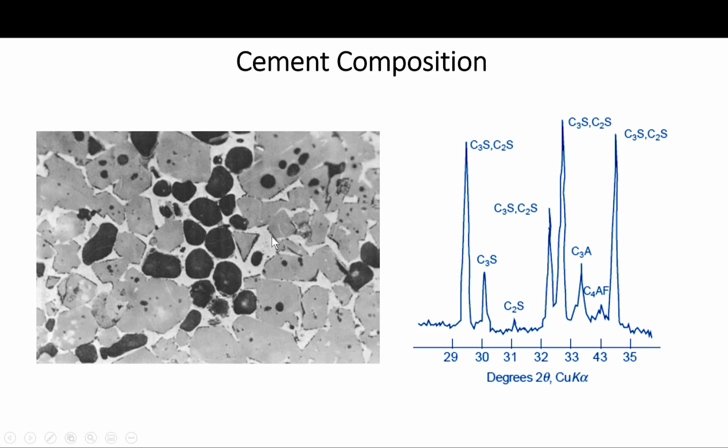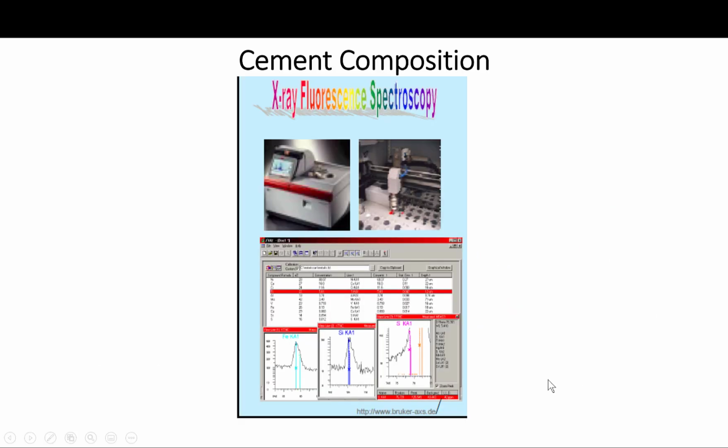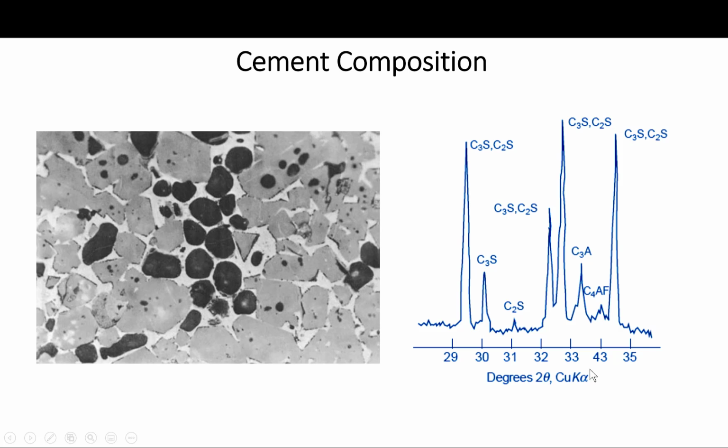The second methodology is applicable to pulverized cements, cements ground to a certain fineness. This involves X-ray diffraction, and this is the result of an X-ray diffraction. Okay, X-ray diffraction of powder specimens.